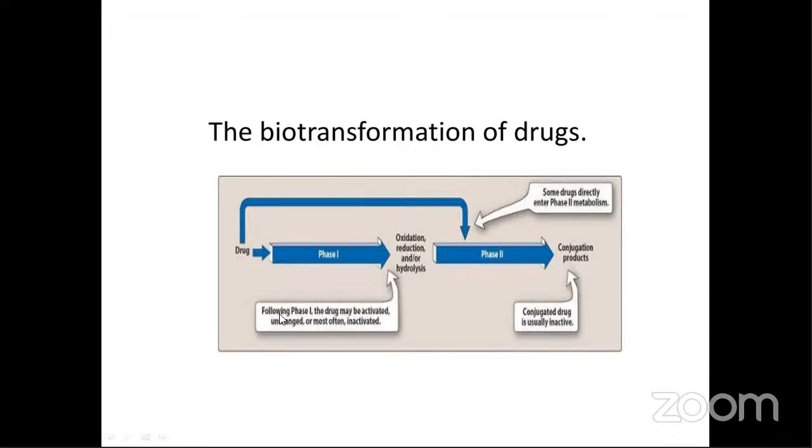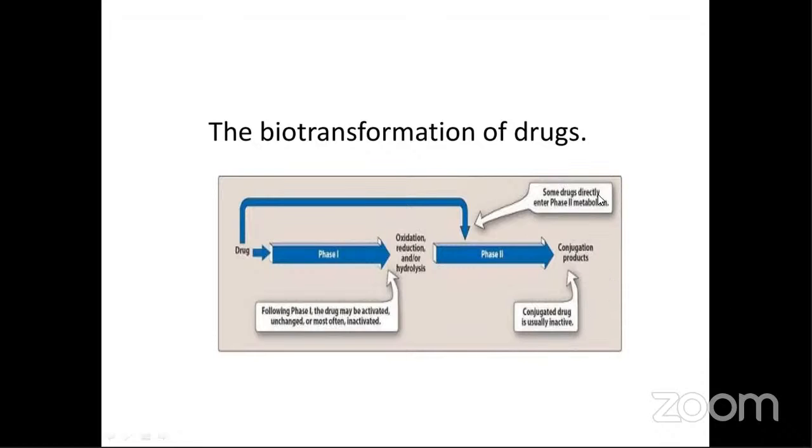Following phase 1, the drug may be activated, unchanged or most often inactivated. Again it enters phase 2, where it undergoes the conjugation process, and the conjugated products are usually inactive and finally excreted.